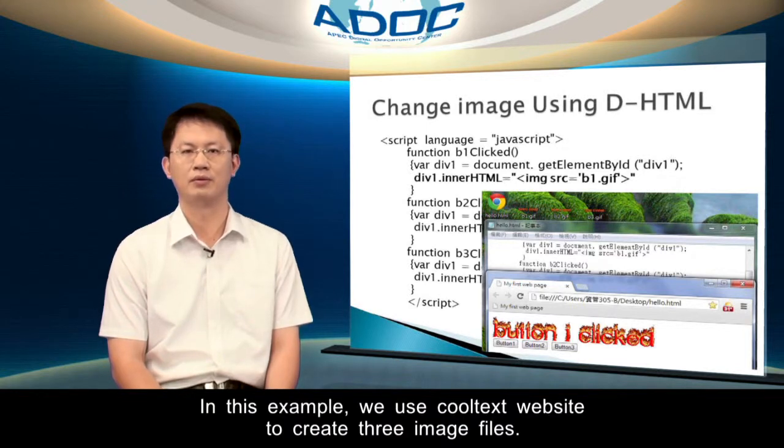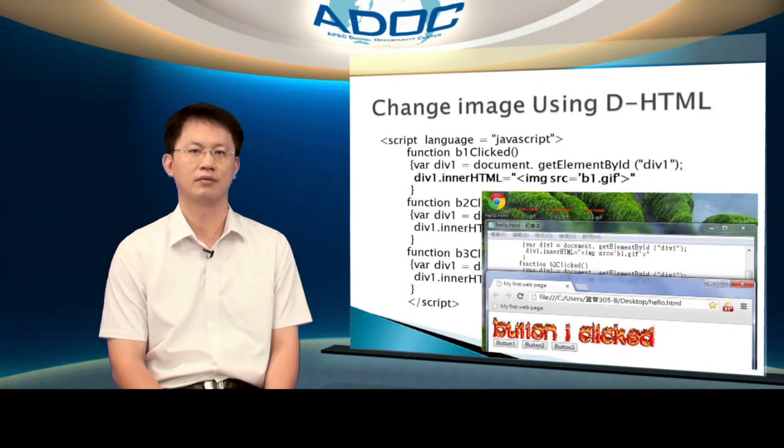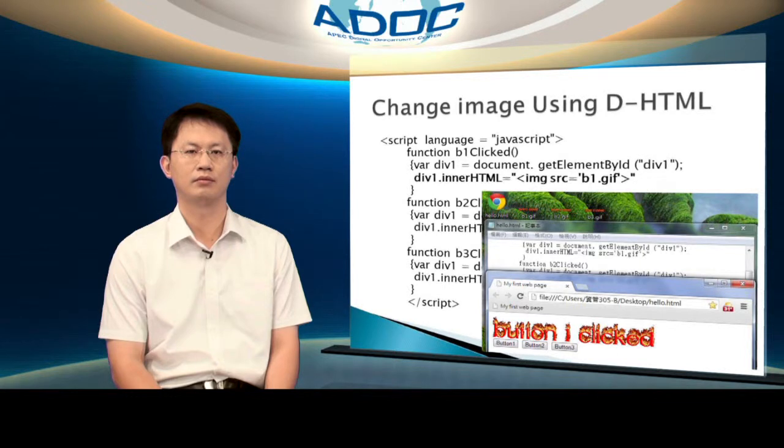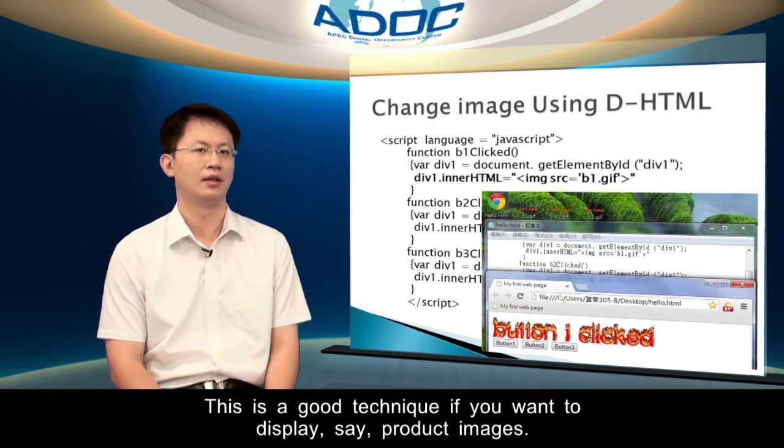In this example, we use the CoolText website to create 3 image files. We change the innerHTML to image elements as shown in the slide. And this is a good technique if you want to display, say, product images.